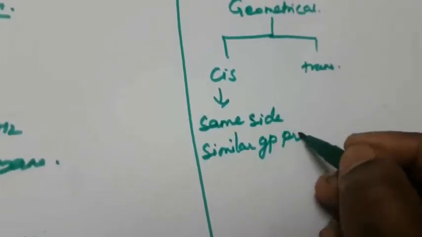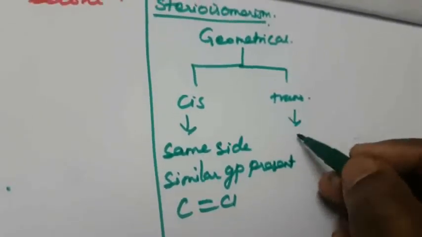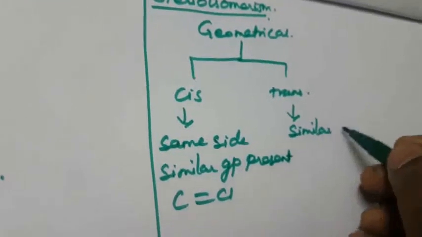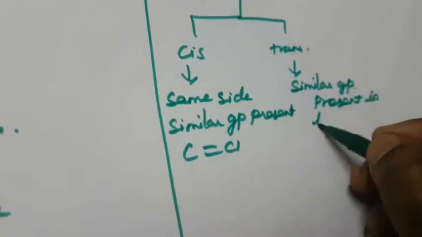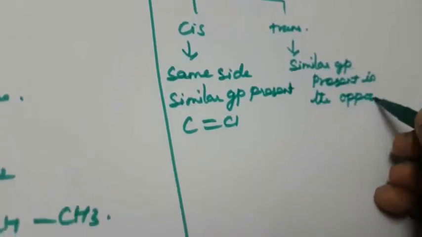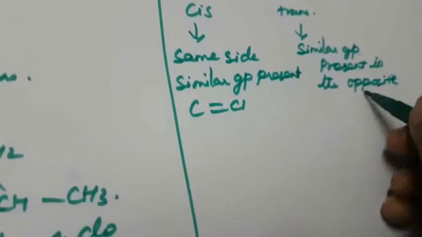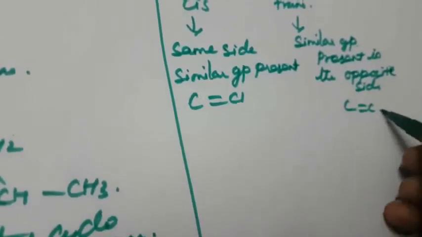Cis means same side: similar groups are present on the same side of the carbon double bond carbon. What is meant by trans? Similar groups are present on the opposite side of the carbon double bond carbon.